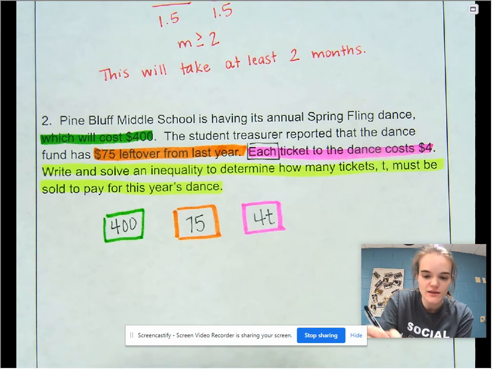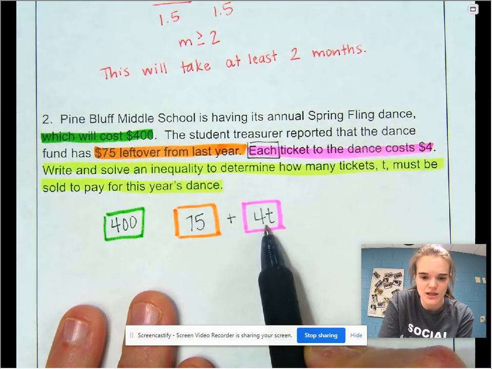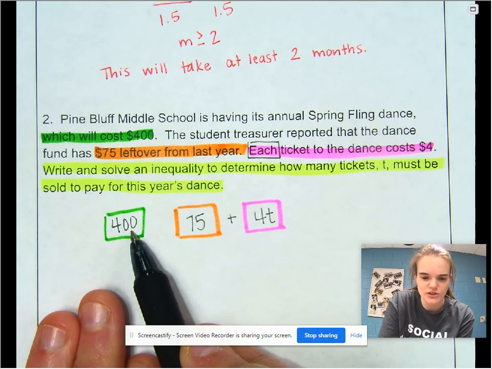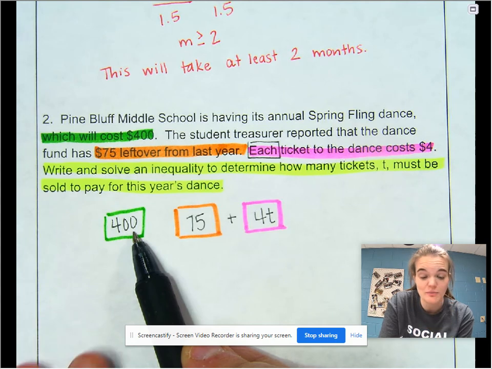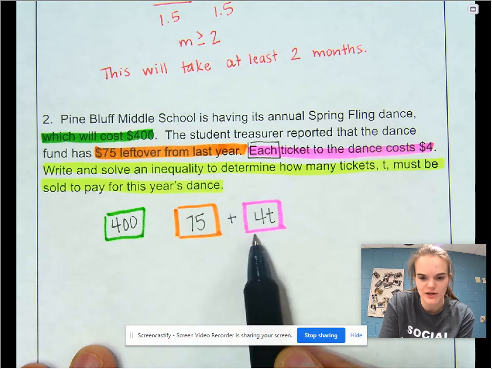Okay. This is how much money they're making. What they had plus what they're getting per ticket. This is how much it's going to cost. We need to determine how many tickets must be sold to pay for this dance. Okay, so let's think about what's got to go on. To pay for the dance, you're going to need which of these to be bigger?